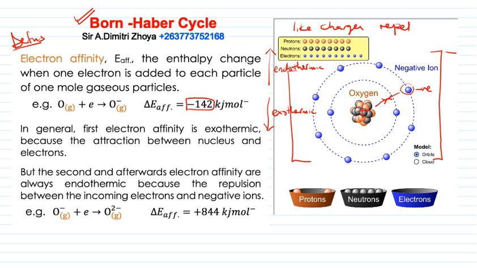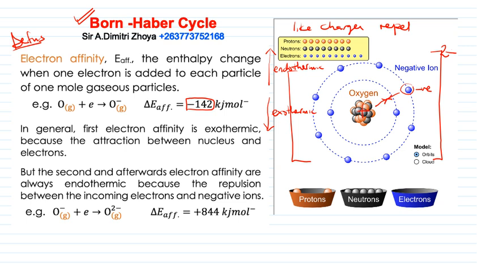So a lot of energy is needed to overcome repulsion. Since we have formed the ion with a charge of 2 minus, we are adding an electron to an anion. So energy must be supplied to overcome repulsion. So that was the second electron affinity.